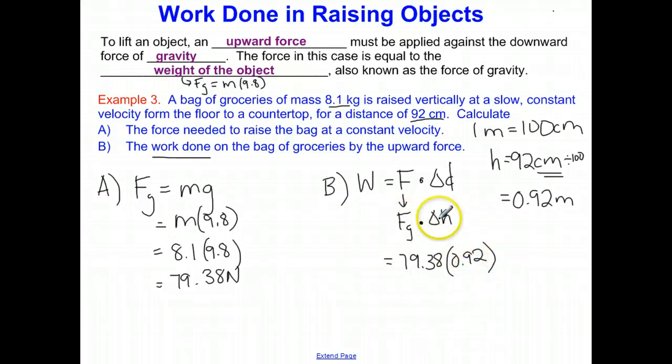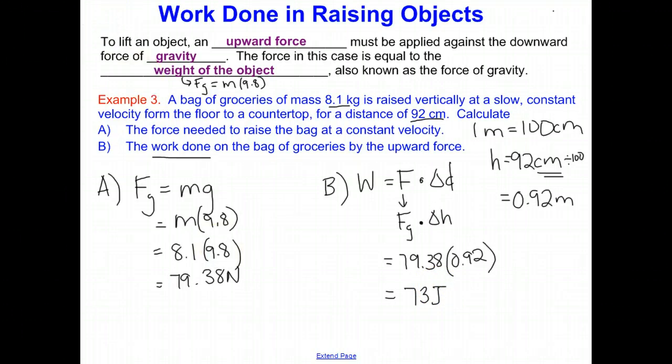The only thing that changed is that we're moving things vertically. If we're moving something vertically, we're working against gravity, so that's the force that we need. And we don't call it distance, we call it height, because we're now moving it above the Earth's surface. And so we end up with a total work done of 73 joules.